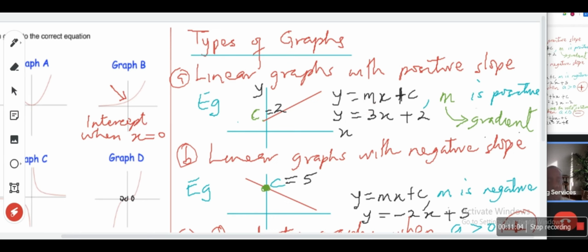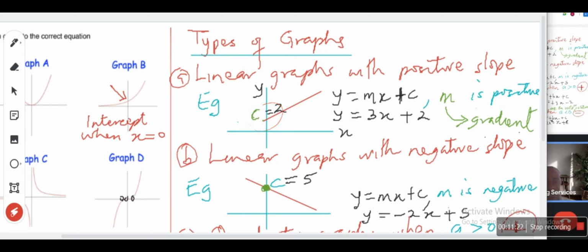What's the intercept? 2. 2 is the intercept. That's why, you know, the intercept is where it cuts the y-axis. So this value is 2. So what do you think is the coordinate of this intercept?